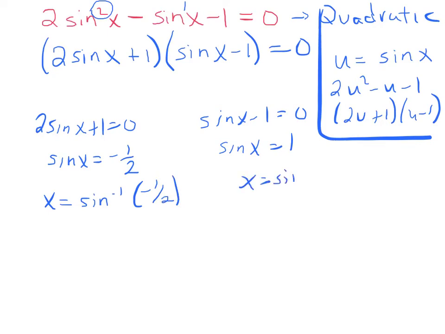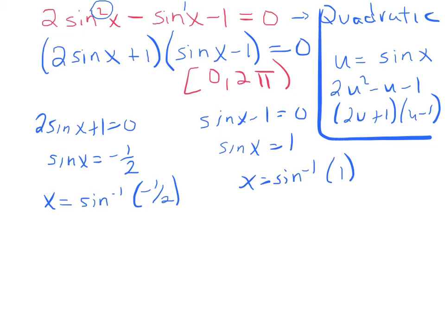This x is the inverse sine of positive 1. Okay? And again, there were no restrictions given up there because I forgot to write it down initially. But let's go ahead and let's go here between 0 and 2 pi again for our solutions.